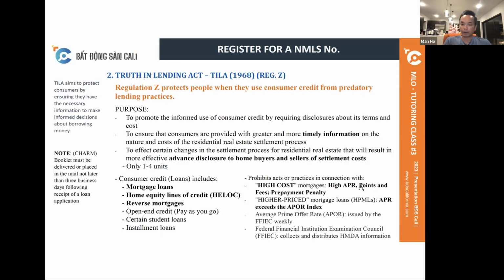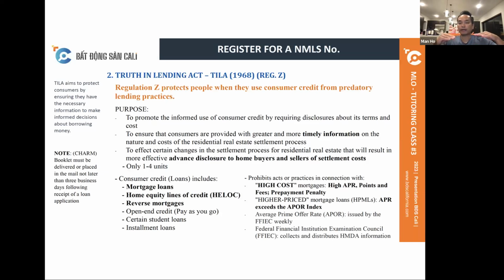Okay, and what is a higher priced mortgage loan, HPML? Okay, a higher priced mortgage loan is one with an APR that exceeds a certain APOR index. So at the APOR index, let's say the index is set at 5%, but if your APR is 4.9, then it's not considered high price.